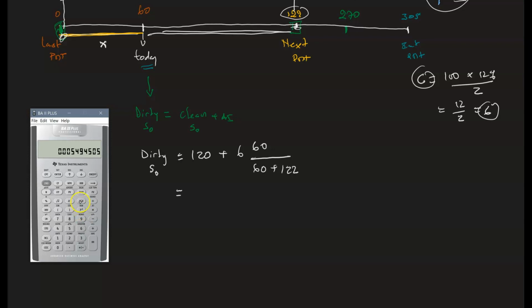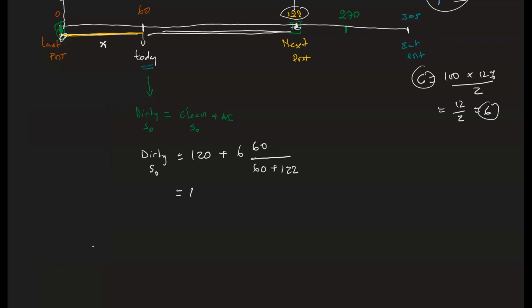We do 1 over X multiplied by 60, multiplied by 6, equals 1.97. And to that we're going to add 120, and what we're going to have is 121.97. So our dirty price is going to be 121.97. That's going to be our dirty spot price, and so for our purpose, that is S0.